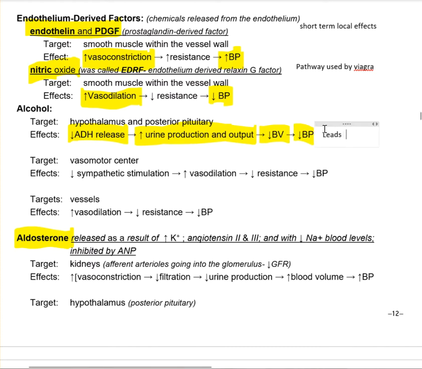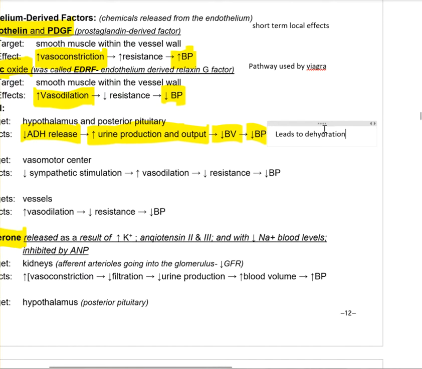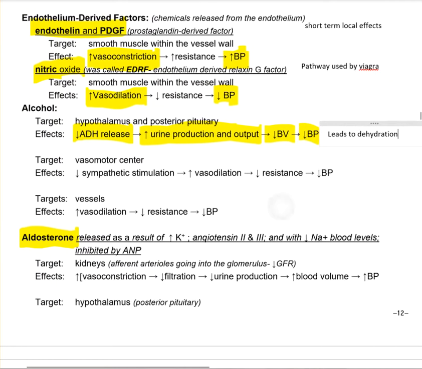This also leads to dehydration, which is one of the problems if someone is drinking a lot of alcohol. Even though they're putting liquid into their body, they're dehydrating themselves, or they can. It also will go to the vasomotor center and cause the sympathetic stimulation to drop. That will also decrease blood pressure. And it can target vessels directly and vasodilate them, which will decrease blood pressure.